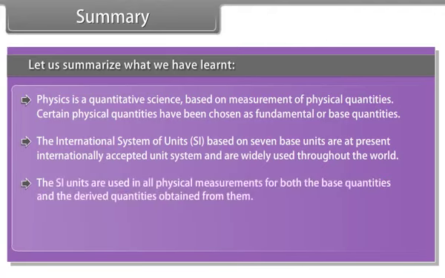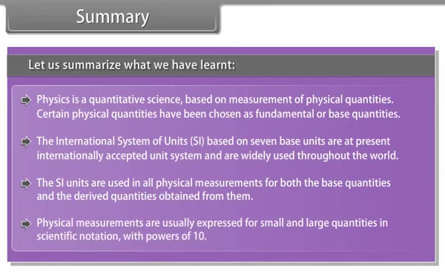The SI units are used in all physical measurements for both the base quantities and the derived quantities obtained from them. Physical measurements are usually expressed for small and large quantities in scientific notation with powers of 10.